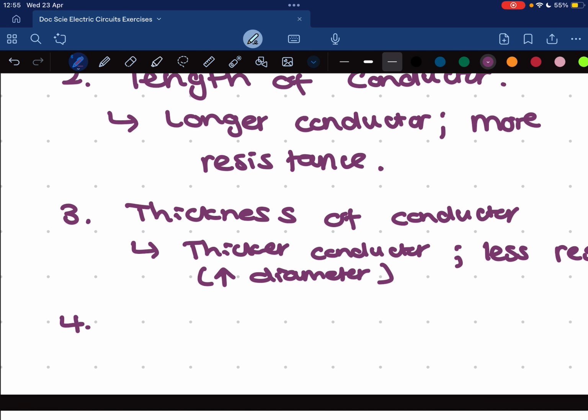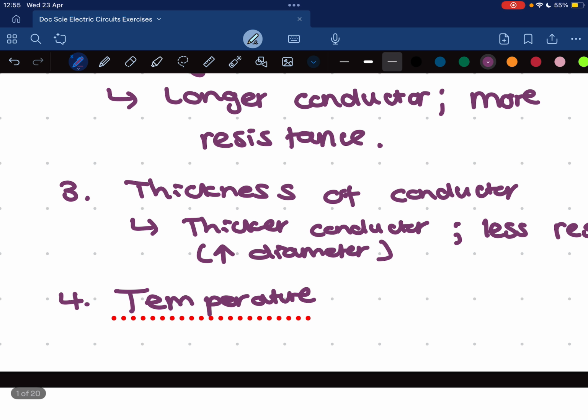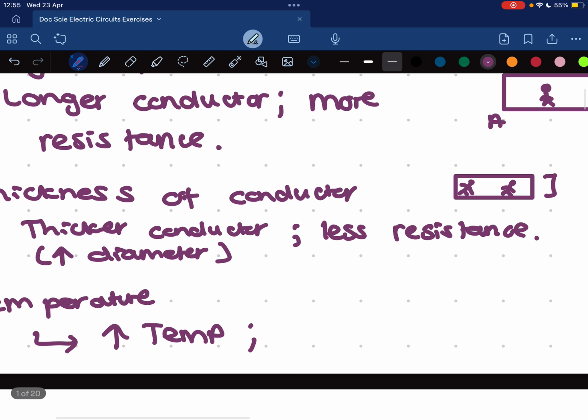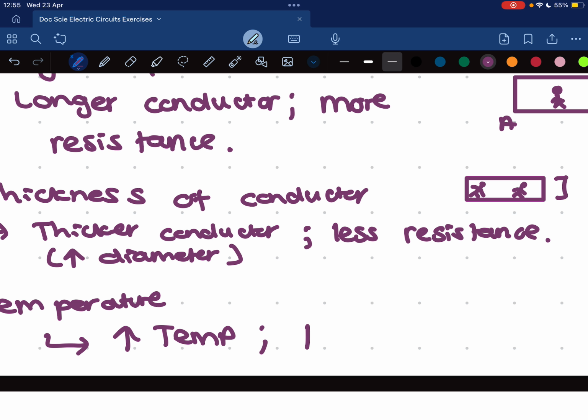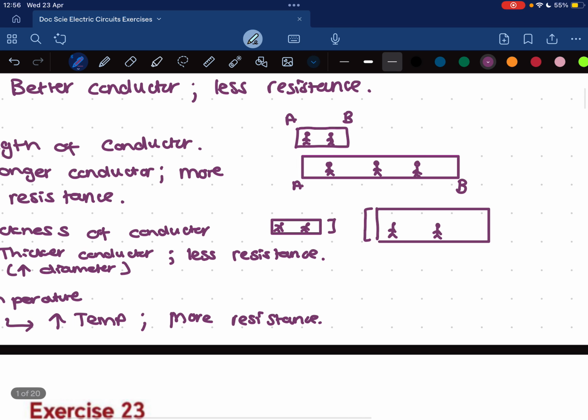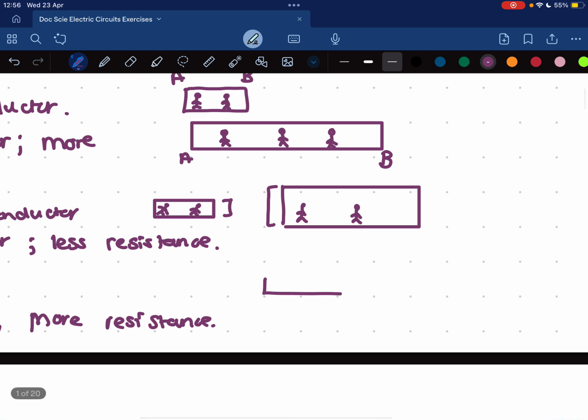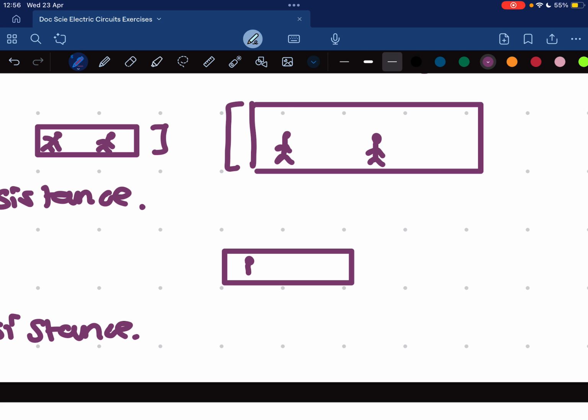Okay, so a larger diameter in a cable, for example. And then the last factor is of course the temperature. Like we said, if there's more temperature, there is more resistance, because resistance causes temperature to increase. So the higher the temperature, the more resistance. In the same way, you could consider 2 cables with those men running from the one side to the other side.